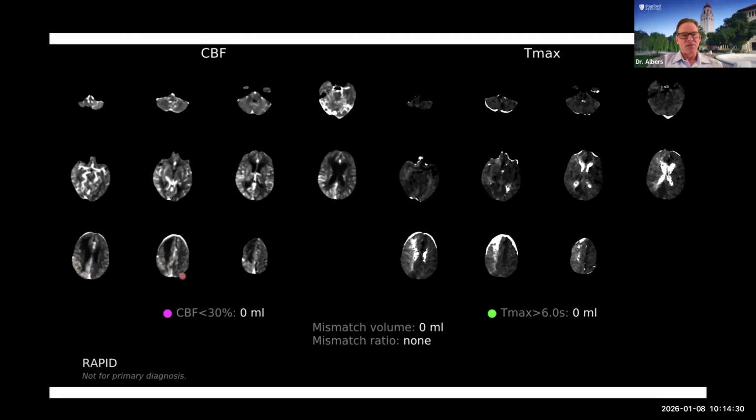So this is a patient where in a cortical distribution we have very high CBF. So this is a patient who is having an active seizure involving that right hemisphere. So you can see even in a mismatch map with no green and no magenta, we can get a lot out of looking carefully at the grayscale maps.